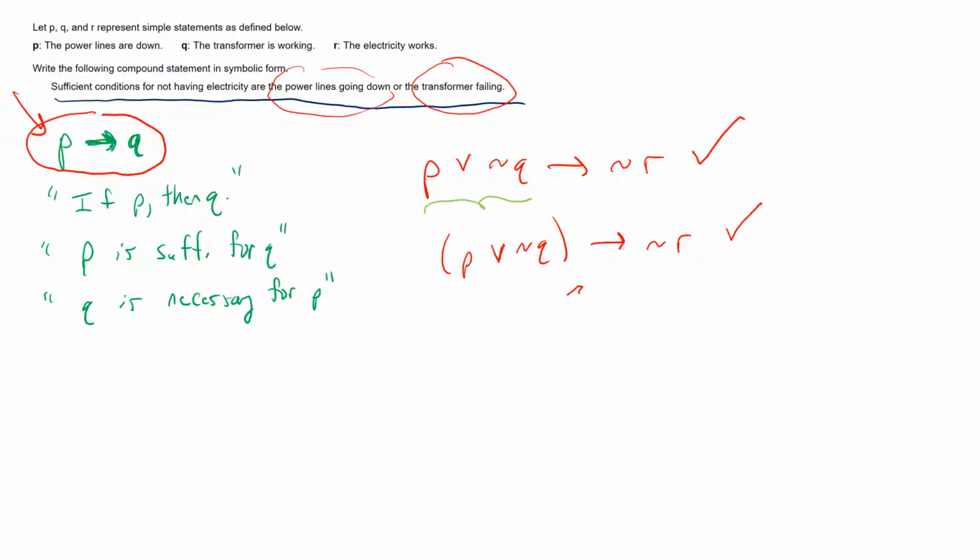In other words, to the left of the arrow. So when we have P, if P then Q, this statement over here, the sufficient goes up front, the P, and the necessary goes on the back. Sometimes when they present this sentence to us, the sufficient items are the first thing.